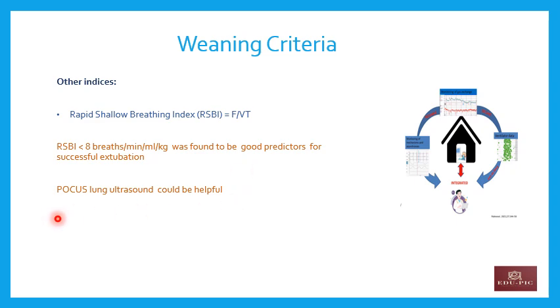Also, POCUS, lung ultrasound, could sometimes be helpful if feasible, like assessing the lung condition, whether there is consolidation, effusion, or congested lungs, or anything that helps us assess the patient against screening criteria.